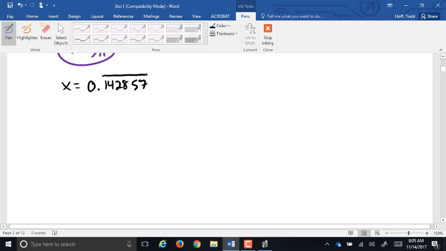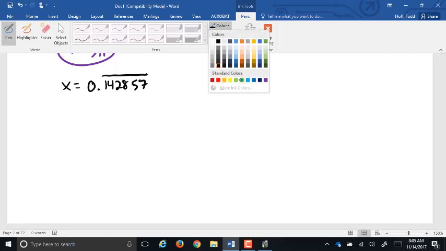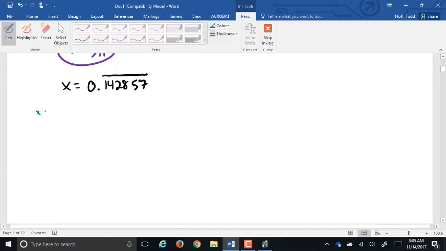Let's go for a 6-digiter. What do you think I'm going to have to multiply both sides by here? Close. There's 6 digits, so there's got to be 6 zeros in my multiple here. So this is 1,000,000. X equals, well, the 1,000,000 moves the decimal point over 6 spots.